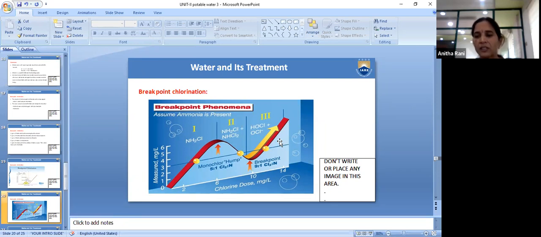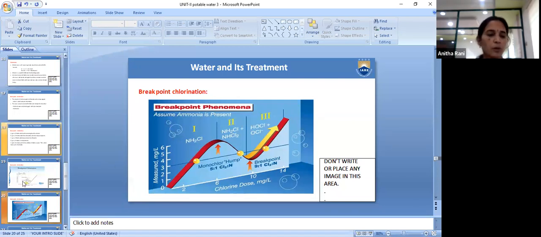We destroyed all the bacteria. That is residual chlorine, excess chlorine in water. We have no need for excess chlorine, because if excess chlorine is there in water, we get a bad taste, bad odor, and it is also toxic to human beings.